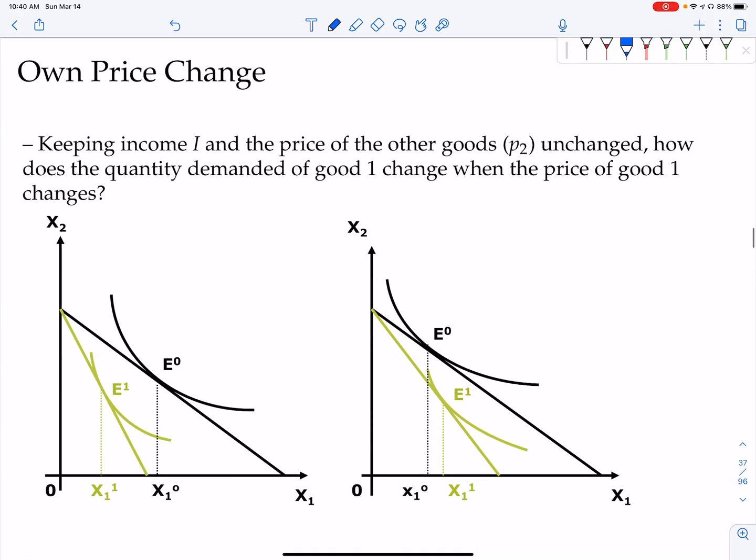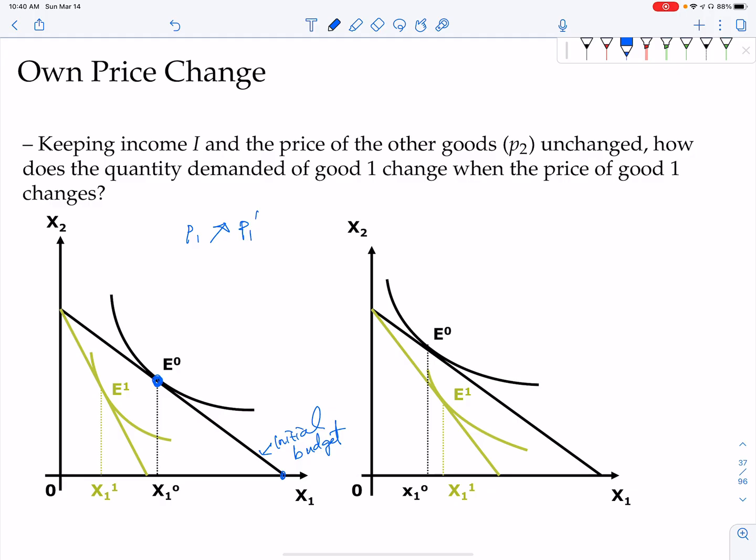So let's see what happens. Suppose this was the initial budget constraint, and your optimal decision was E0. Now let's say P1 has gone up.